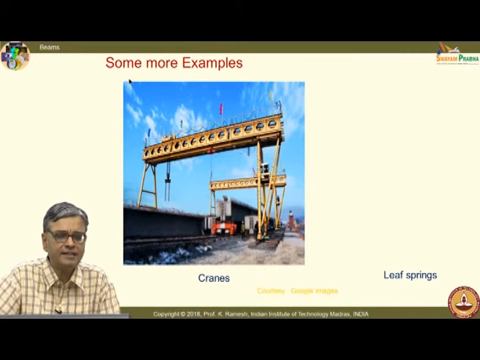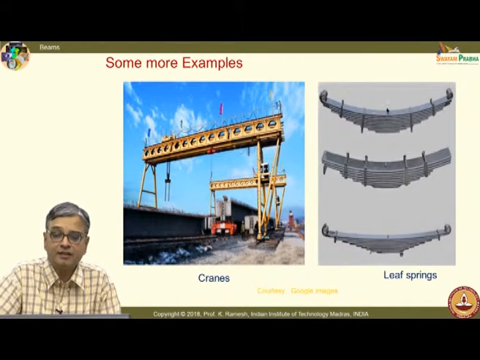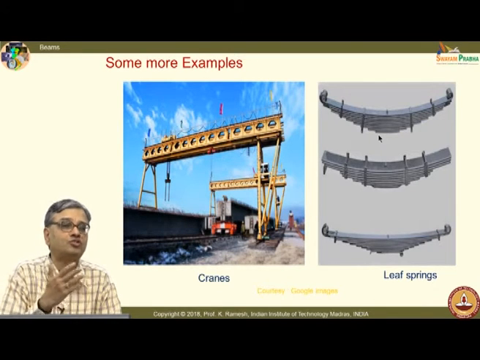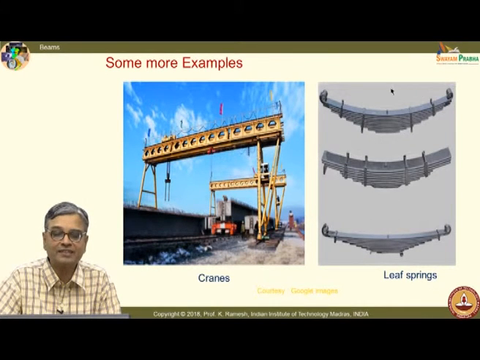And you have many other examples. You have a crane, this is acting like a beam, and you should also be surprised to learn that there are springs which are used in automobiles. If you see a huge truck, if you look at the rear wheel, it is supported on a structure like this.